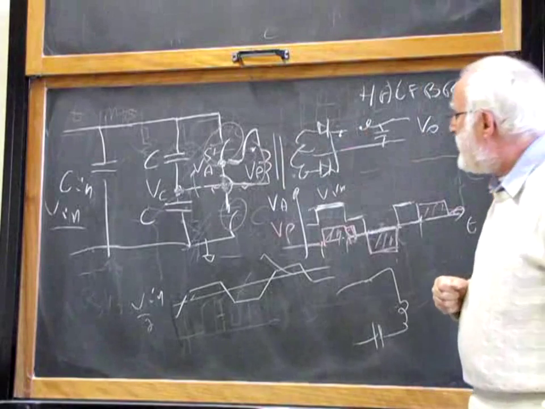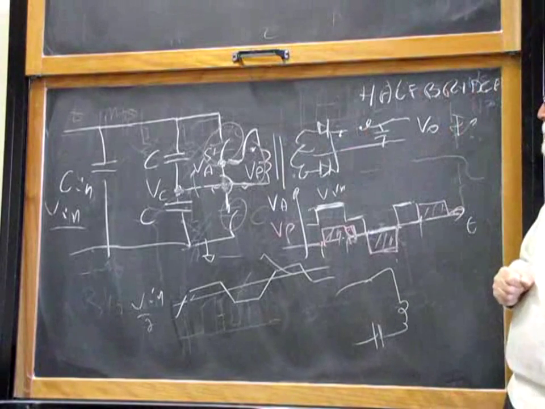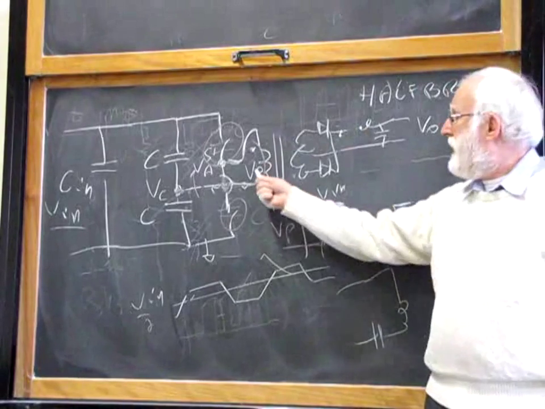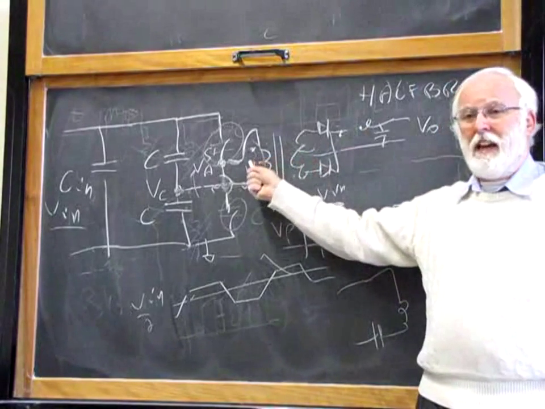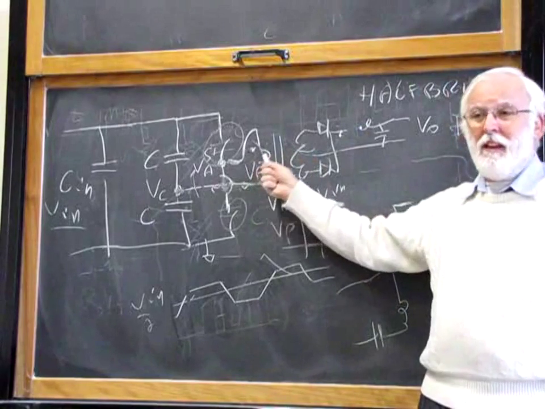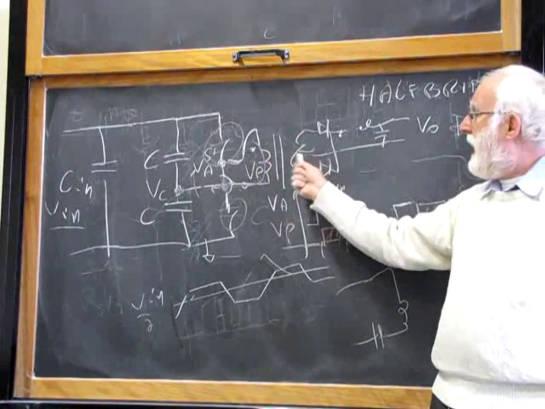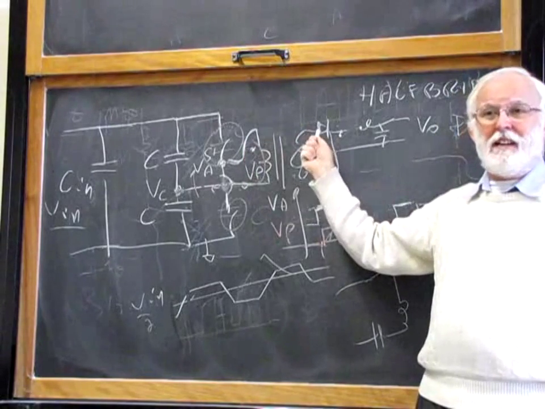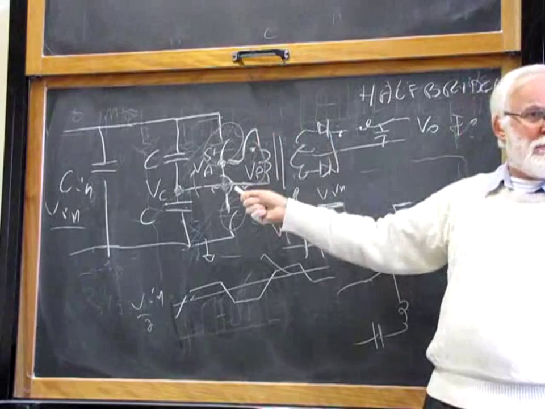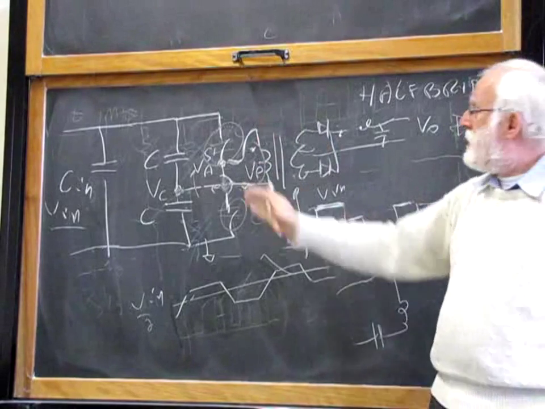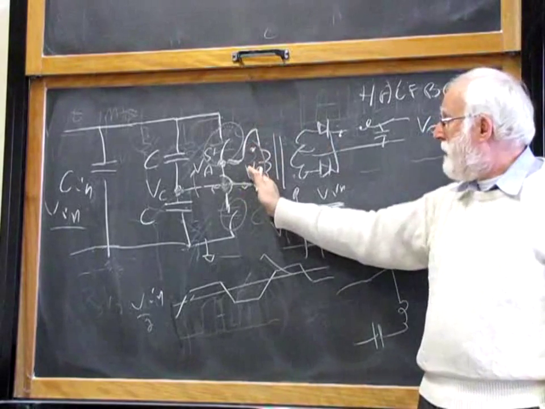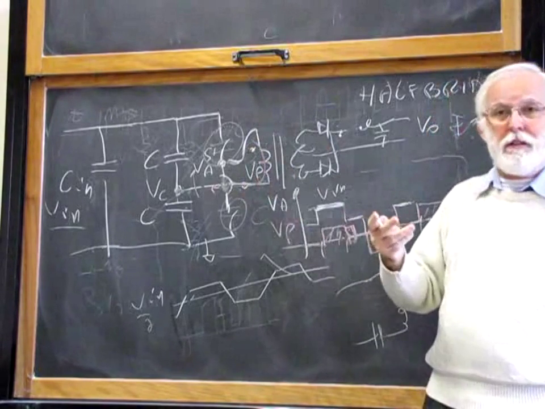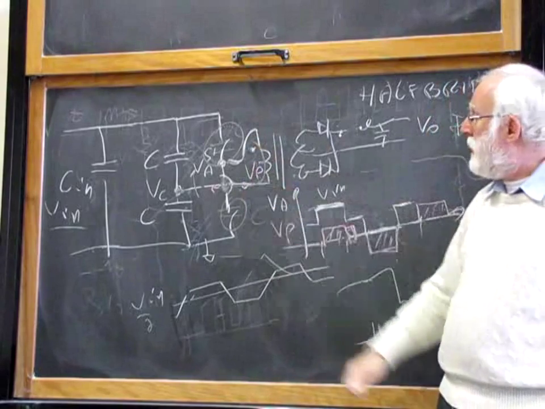I repeat myself because I screwed up with indications. In a half bridge, the primary current is twice as much as in a full bridge because the voltage is just 1/2. You have to deliver the same power, so the primary current of a half bridge will be twice as much. Less turns, less voltage, but double current.